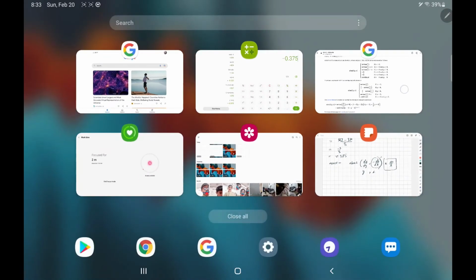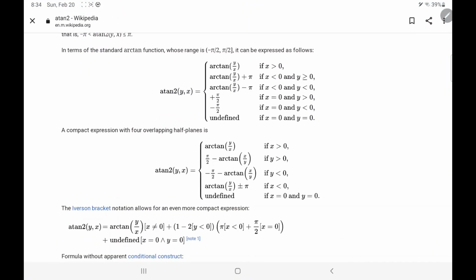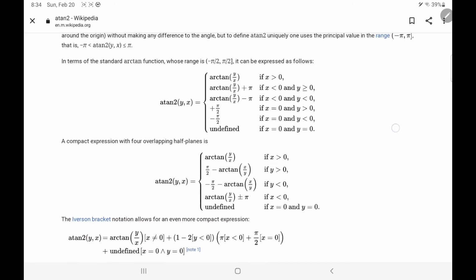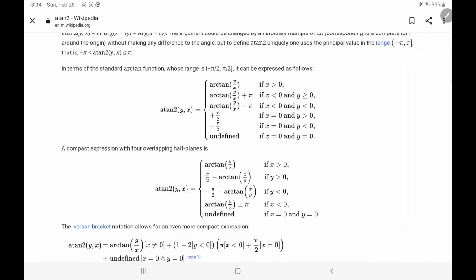It is a bit confusing that two conditions are fulfilled: x greater than 0 and y negative.